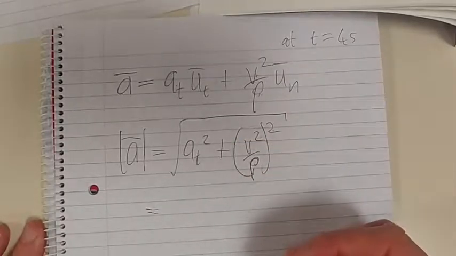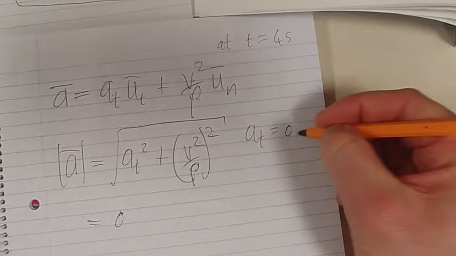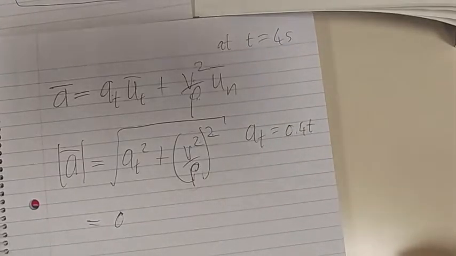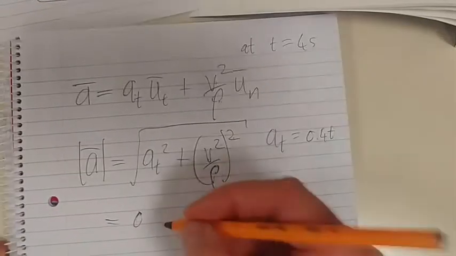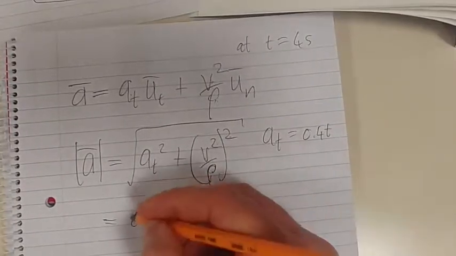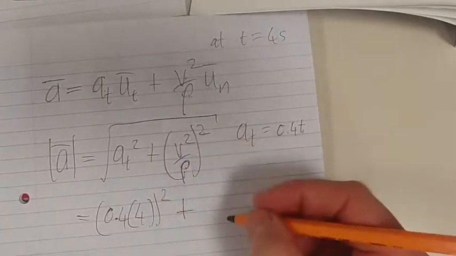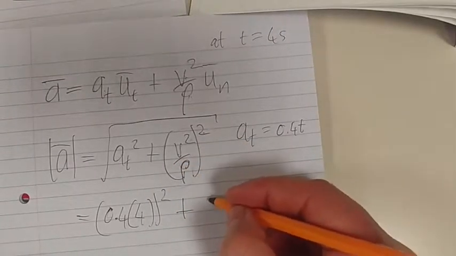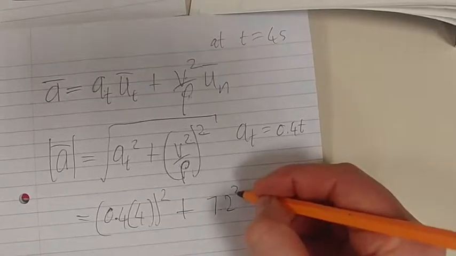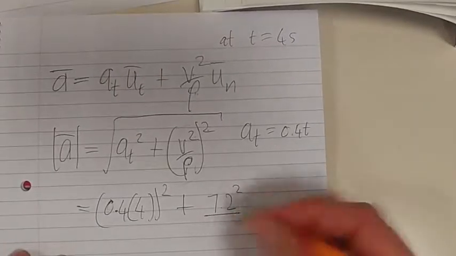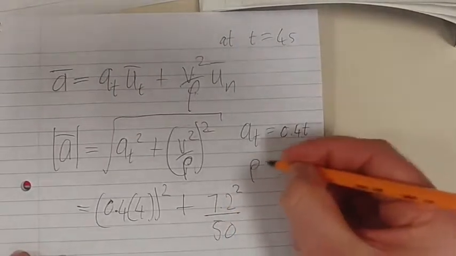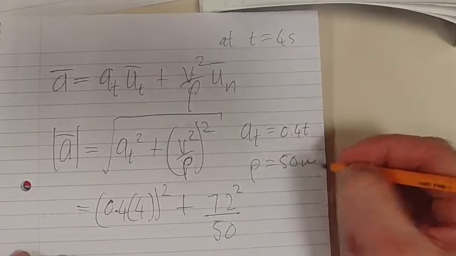So what is at? We know that at was given by 0.4 t, and t equals 4 seconds, so it's 0.4 times 4, and that whole thing needs to be squared. And then what is v? At t equals 4 seconds, it's 7.2 squared divided by 50, because your radius of curvature is 50 meters.